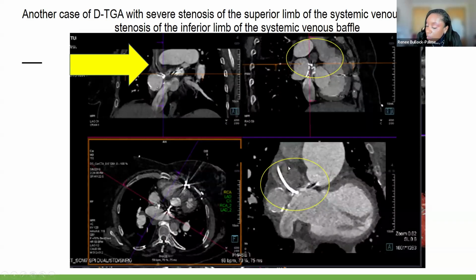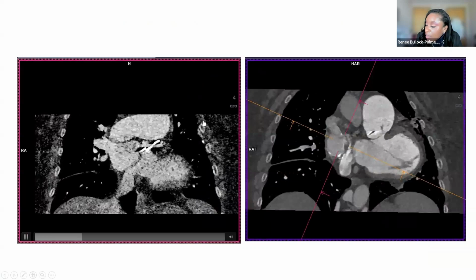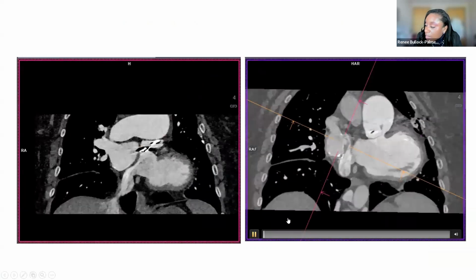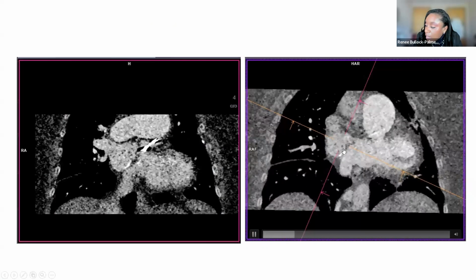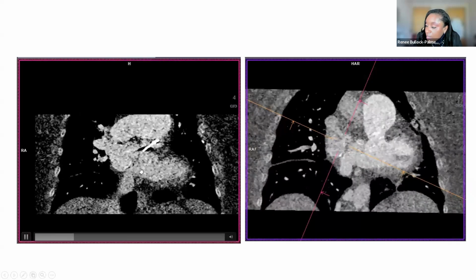And you can see a close-up of that. There's actually no flow in that SVC, and she actually had to have a stent and removal of that device from the SVC. And this is just an example of that here, where you can see there's really hardly any flow in that SVC. The IVC was patent, as is shown here.